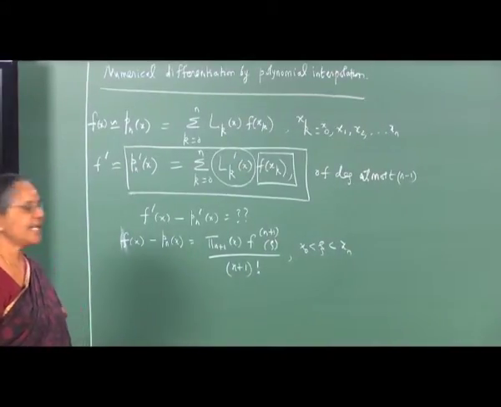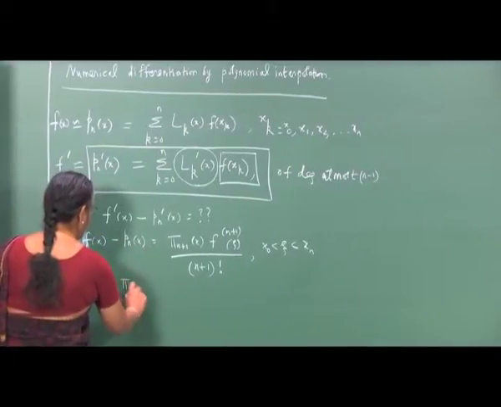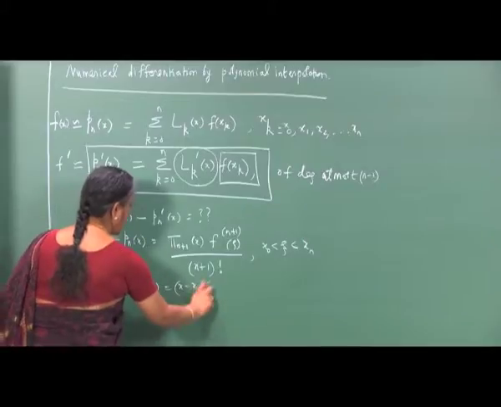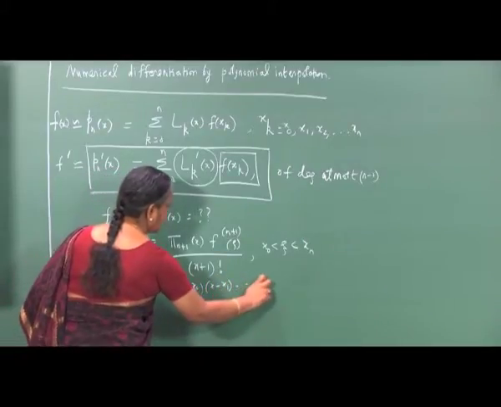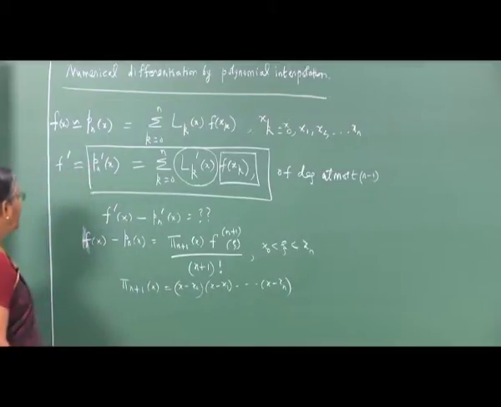Here pi n plus 1 of x is x minus x0, x minus x1, etc. up to x minus xn.